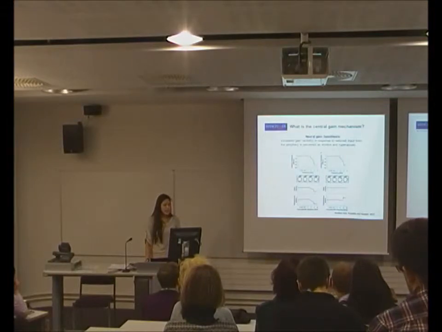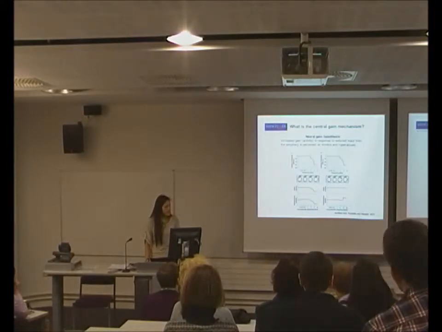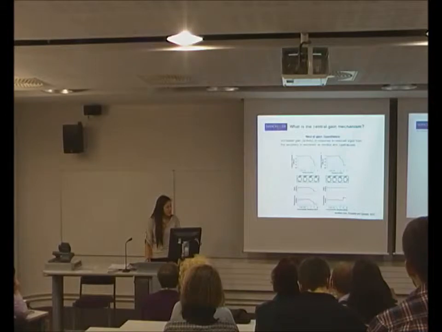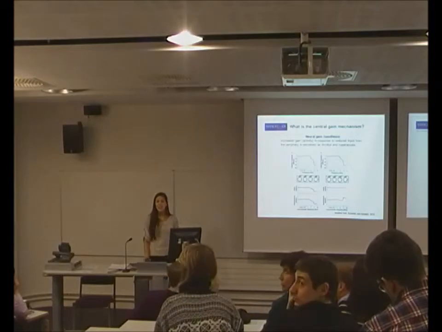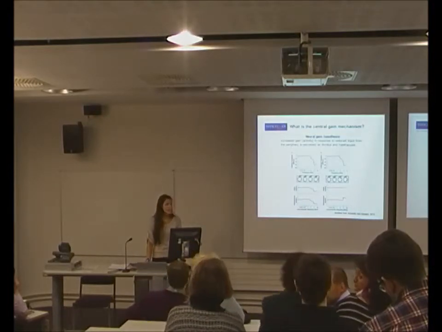If this gain mechanism isn't present, which is represented by these circles here, and it isn't turned up in response to a reduction in auditory input, as shown by high frequency hearing loss, then the mean activity of the neurons is reduced. There's an imbalance in the excitatory and inhibitory activity of the central auditory neurons.